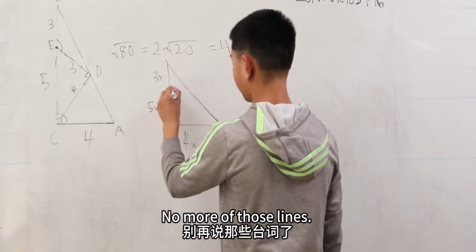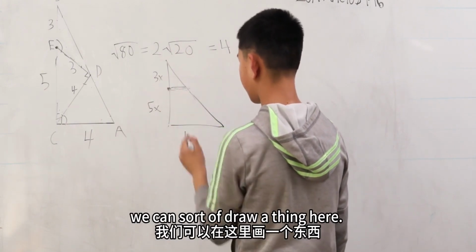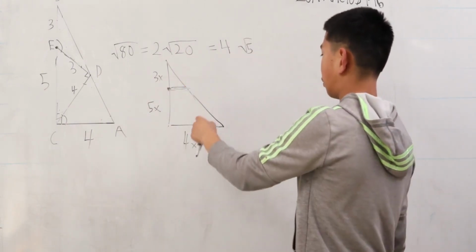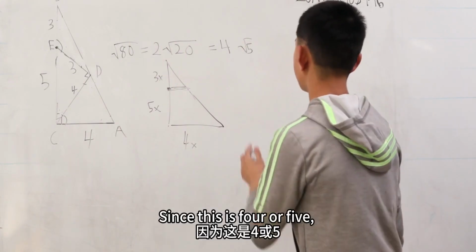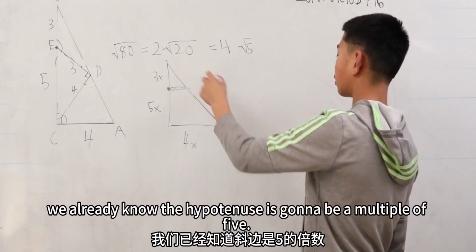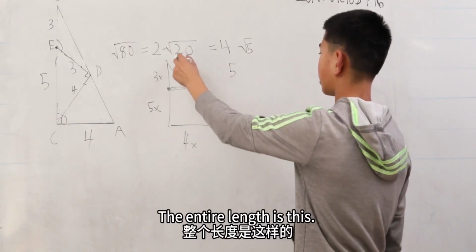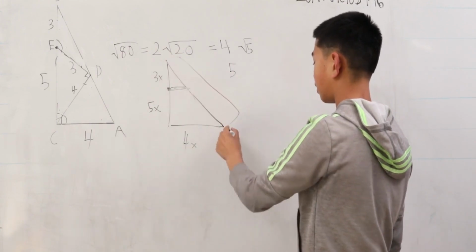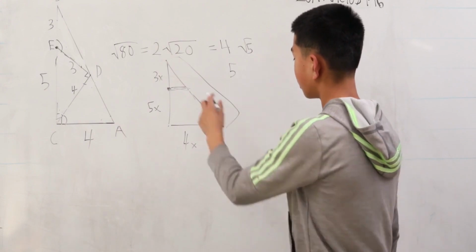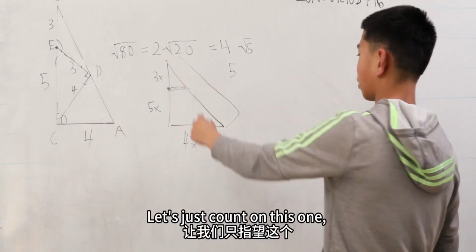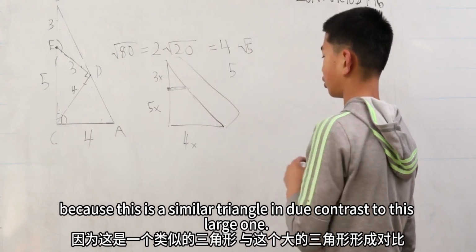Since there's this point here, we can draw a triangle like this. Since this is 4 root 5, we already know the hypotenuse is going to be a multiple of 5. The entire length is this. But if we can find one of these lengths, then we're good. Let's just count on this one, because this is a similar triangle to this large one.